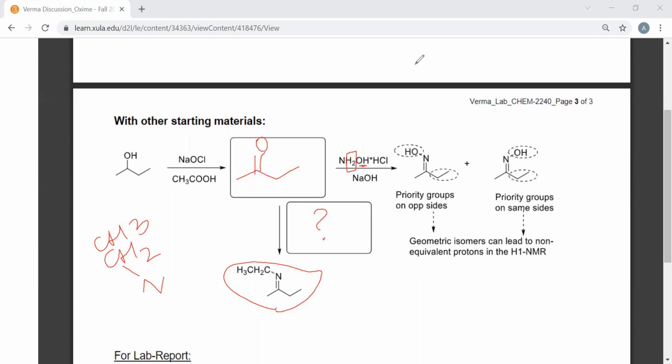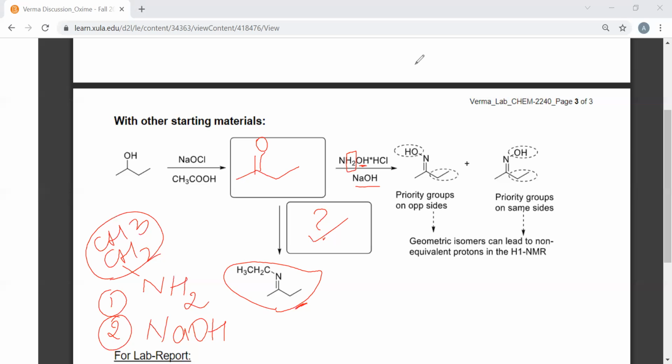Instead of OH, I have this ethyl group. So what do I need to put here? NH2. So this is one of my reagents. The second reagent will be sodium hydroxide. These are the two reagents that I will need to create this particular product.